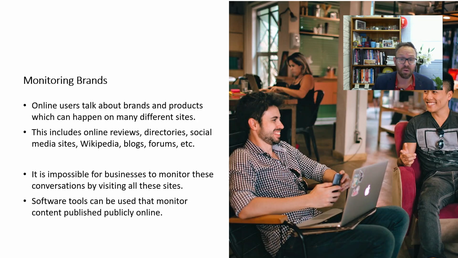Social media sites, of course, the idea of those is to facilitate conversations. Wikipedia, so sometimes people post content there. Wikipedia is actually pretty good these days because it's quite a large user group. So if someone posts negative comments on there, we've tried this out, they tend to get deleted pretty quickly.